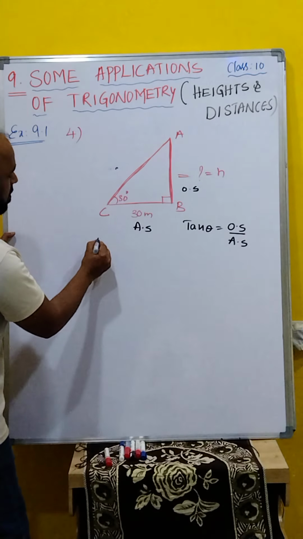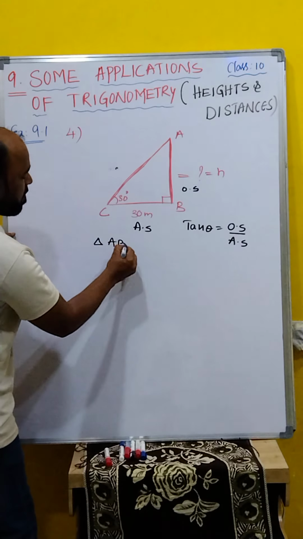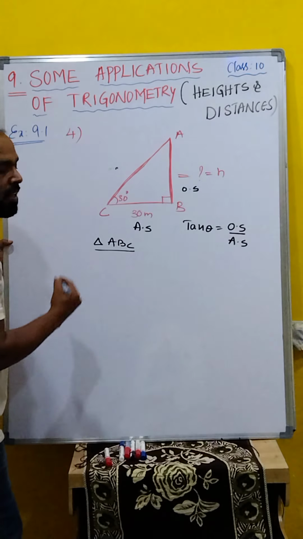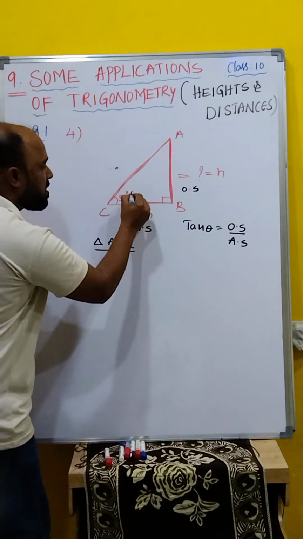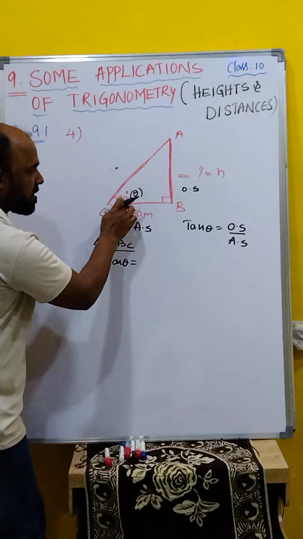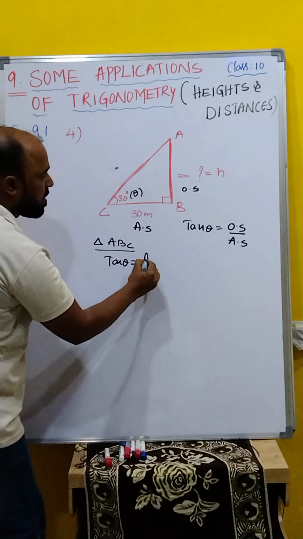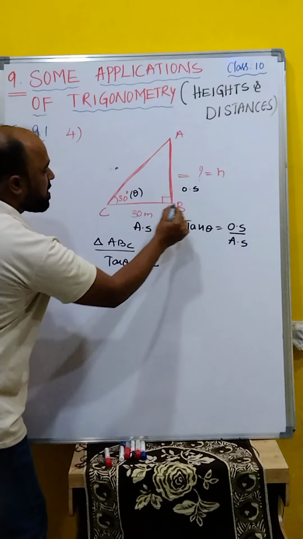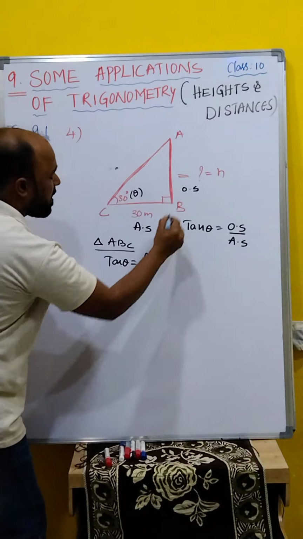Apply from triangle ABC. What is theta given here? 30 degrees. Tan theta is equal to, theta is here, opposite is AB, adjacent side is BC. Theta value is 30.